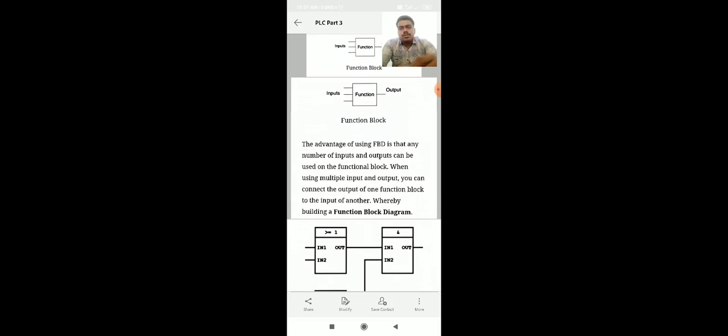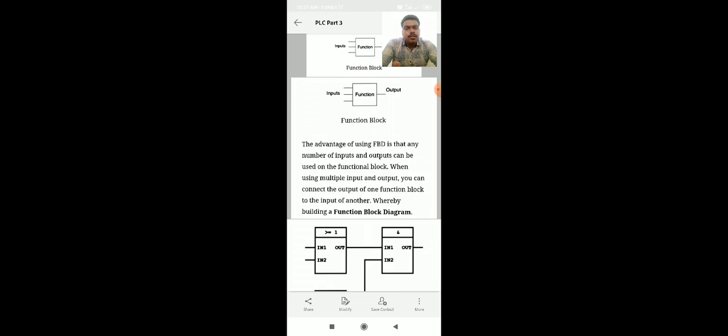The advantage of using this functional block diagram is that any number of inputs and outputs can be used in a functional block. So any number of inputs can be given and any number of outputs can be taken.